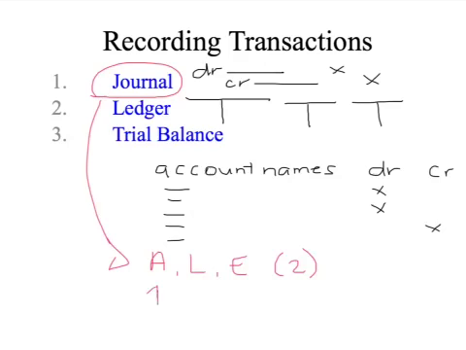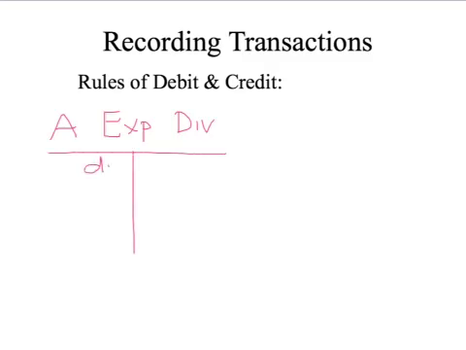Then you need to identify, is that asset or liability or equity increasing or decreasing? And then you apply the rules of debit and credit. What are the rules of debit and credit? Let's take a look. Assets, expenses, and dividends all follow the same rule. The increase is on the debit side and the decrease is on the credit side.